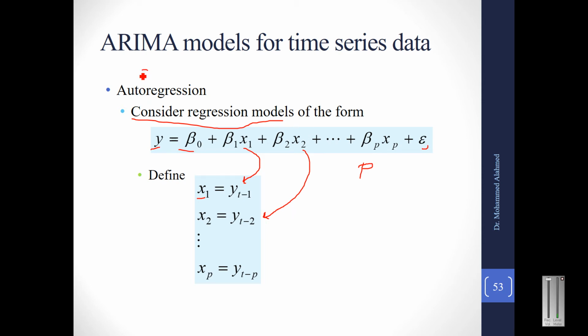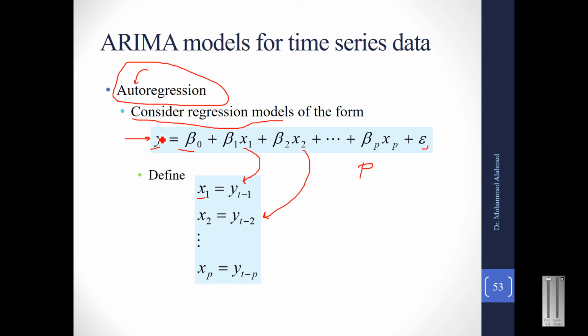So when you talk about autoregression, if I replace x1, x2, it will become y is equal to beta naught plus beta 1 yt minus 1 plus beta 2 yt minus 2 and so on. So in autoregression, we define the current value of y as a sum of regression coefficients and the lagged versions of y.